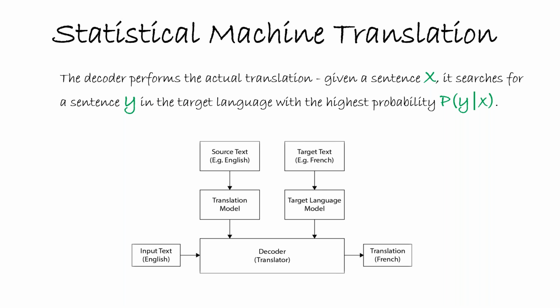So the decoder performs the actual translation here. The decoder that we were talking about, given a sentence X, searches for a sentence Y in the target language with the highest probability p of Y given X. We see here the decoder has the input of the source text and the translation model.